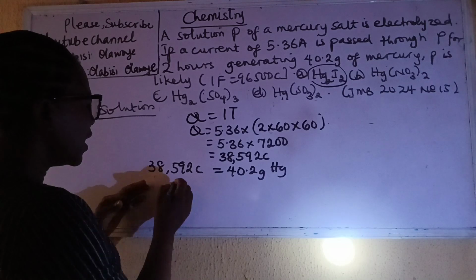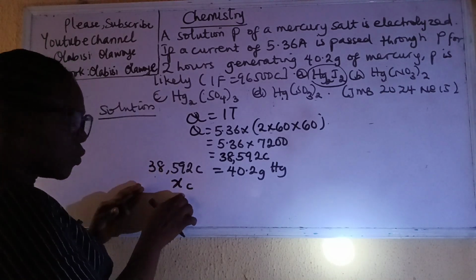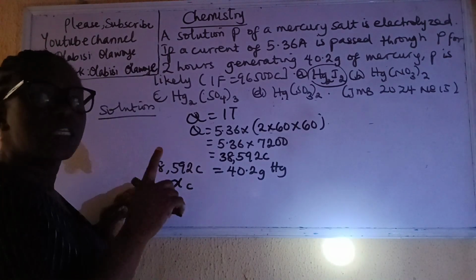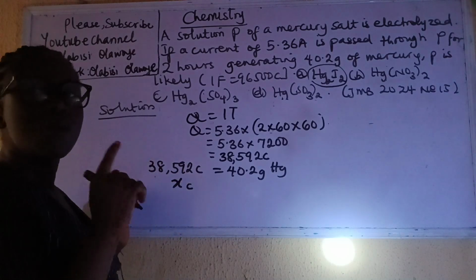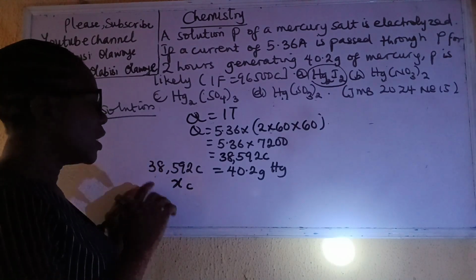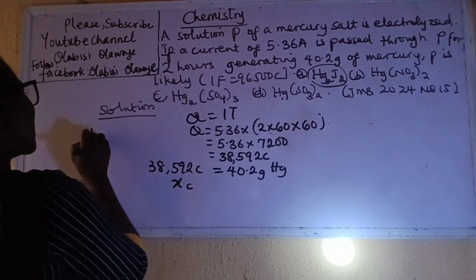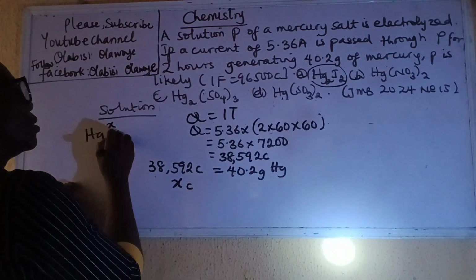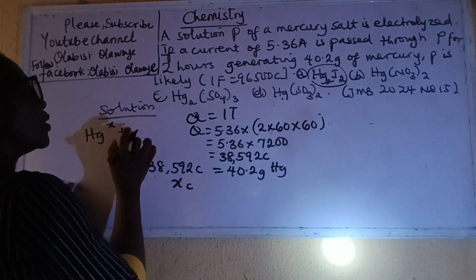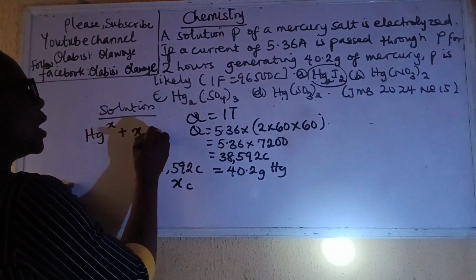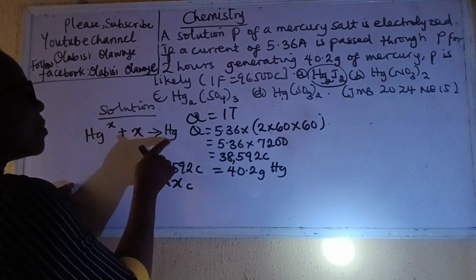We know that X coulomb here is unknown, that we are trying to get. If we get the number of electrons required by getting the charges that mercury carries, we can determine it, but we know that it will yield mercury.